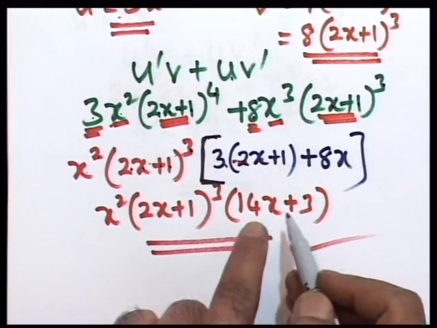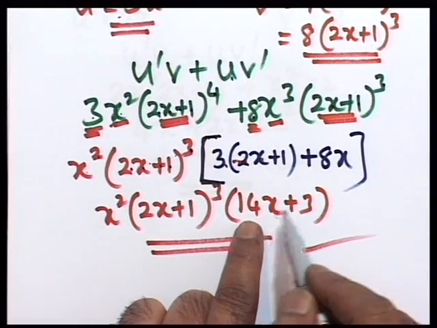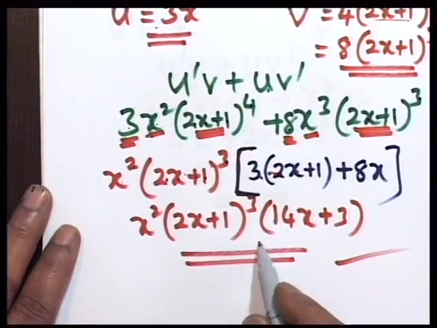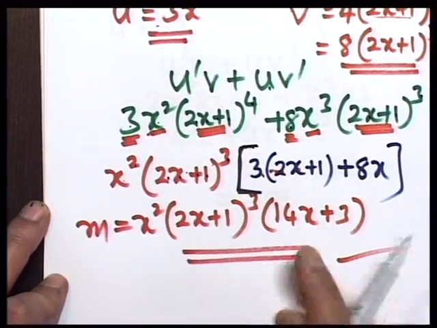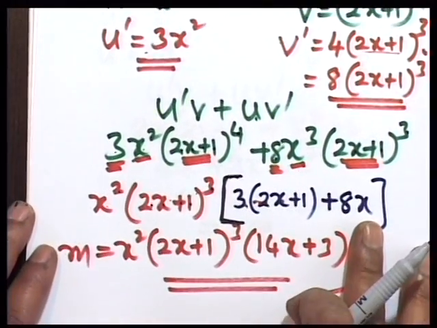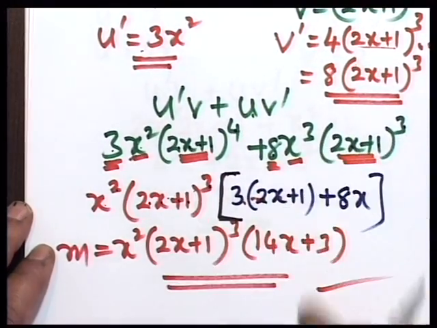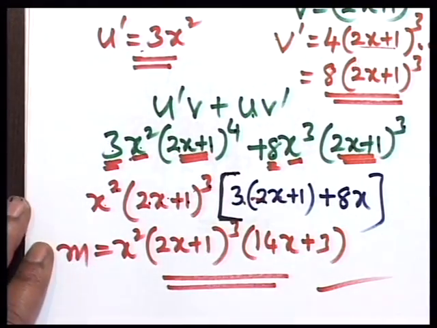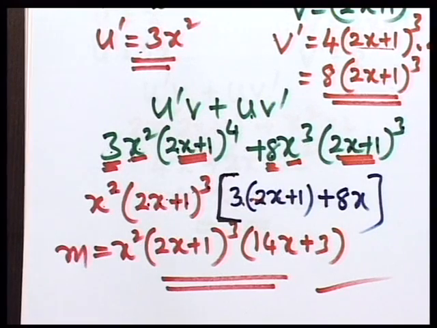Be careful, if there is a common factor inside the bracket with respect to the number, you must take that out. So that's the gradient of the given question, which is x cubed times 2x plus 1 to the power 4. So questions look a little bit longer. This expansion and taking the common factor, very important. Okay.